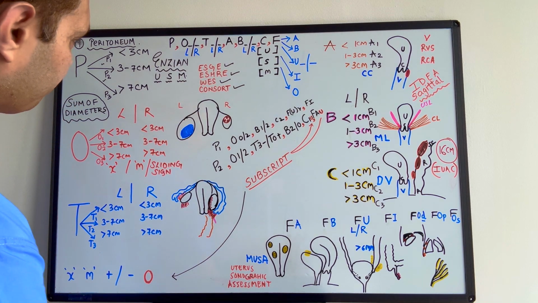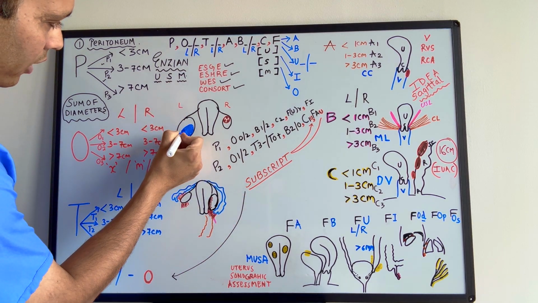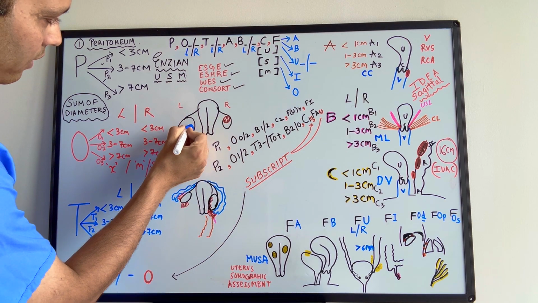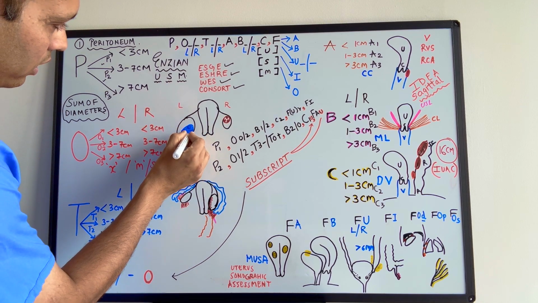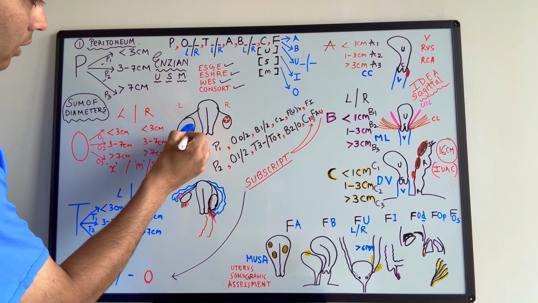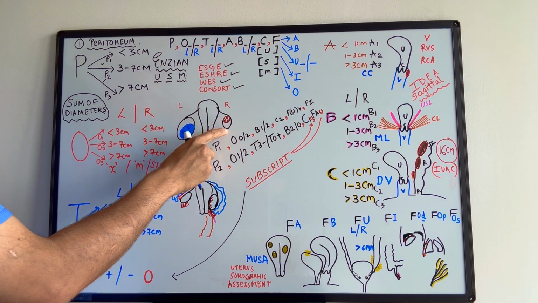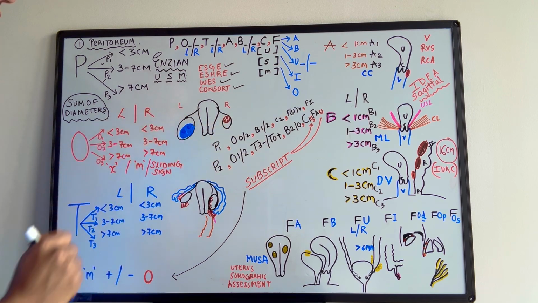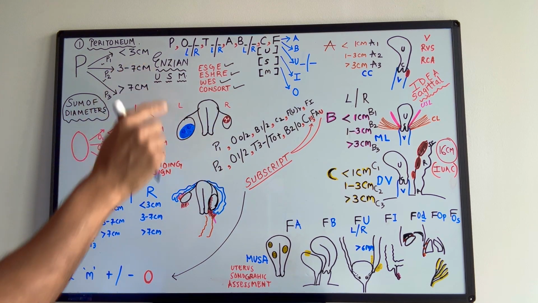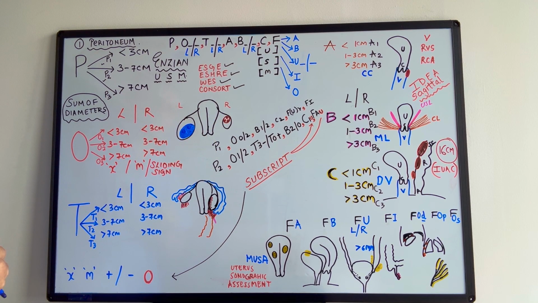So if we imagine this left ovary, and there was an endometriosis lesion here, or here, or a single big endometrioma measuring, in this case, around 4 centimeters, present on the left side. On the right side, there are 3 small endometriotic spots, so we have taken the sum of the diameters, and this is measuring around 2 centimeters.